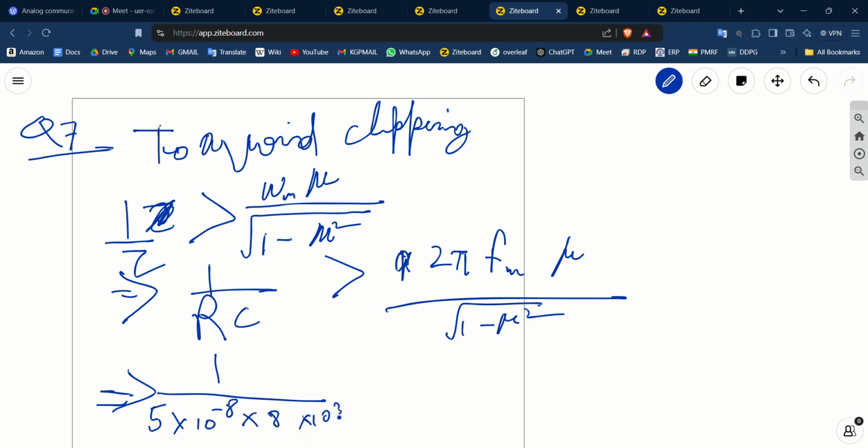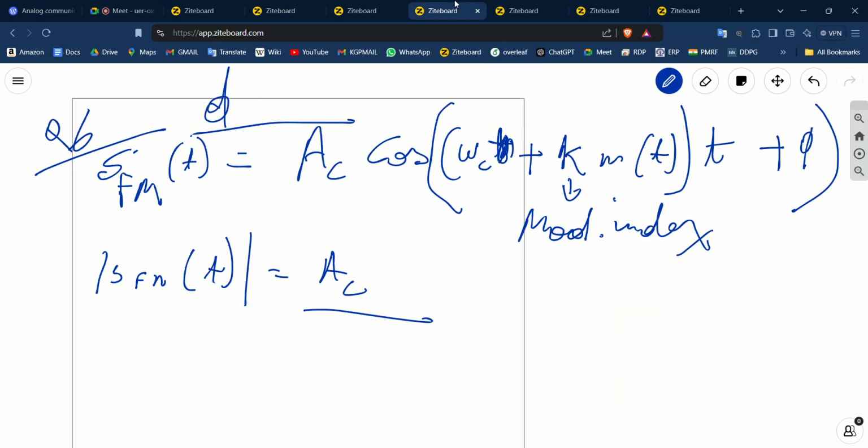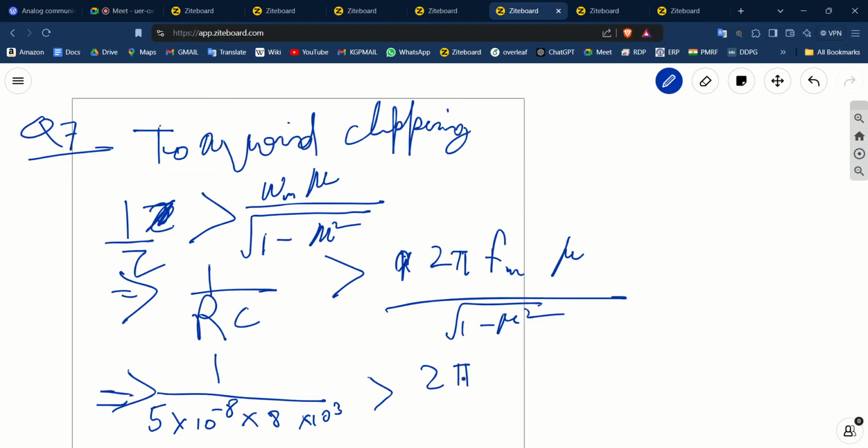So 1 by RC is greater than 2 pi into the frequency, which is 60 hertz, into m, where m is equal to mu by root 1 minus mu square.